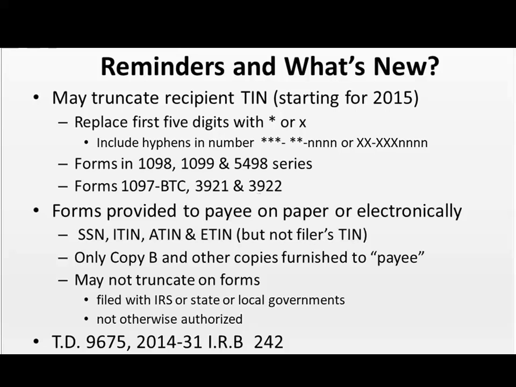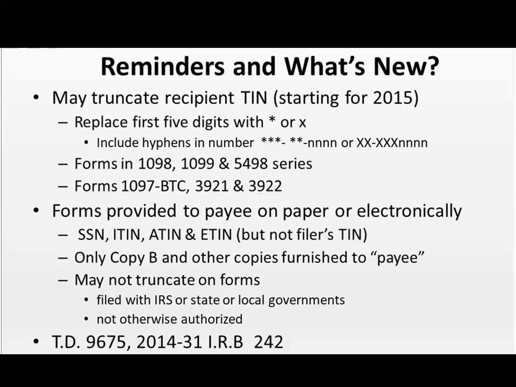And this is on the forms provided to the payee, either on paper or electronically, and this can be the Social Security number, individual taxpayer identification number, adoption taxpayer identification number, and employer taxpayer identification number, but not the filer's taxpayer identification number, just the recipient's.